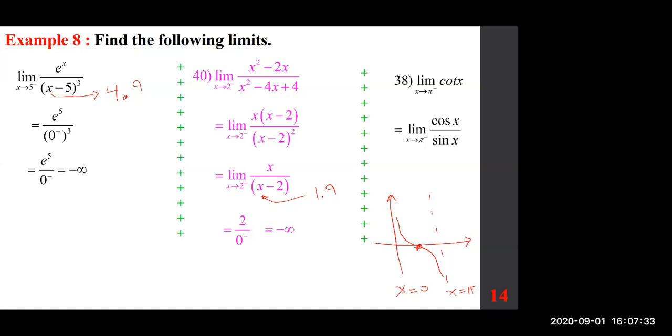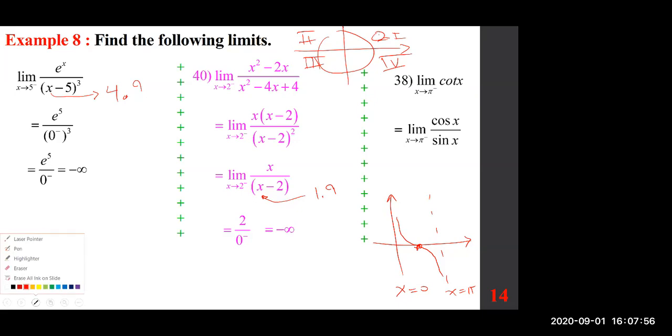I hope everybody remembers the quadrants and so forth, right? Okay, quadrant 1. This is quadrant 2, quadrant 3, quadrant 4, and pi, class. Pi is right here.